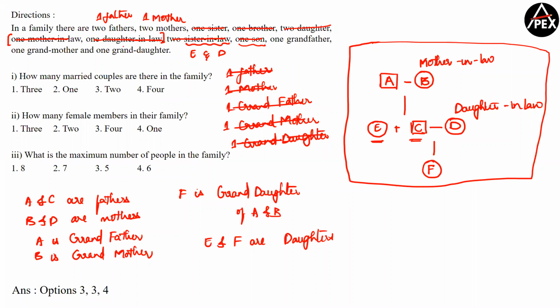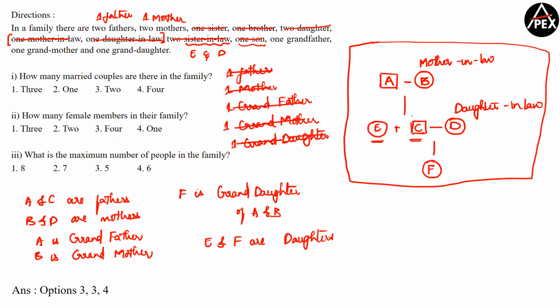One mother-in-law, B. One daughter-in-law, D. Two sisters-in-law: E and D are sisters-in-law to each other.